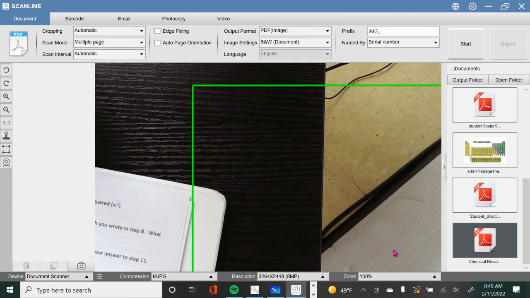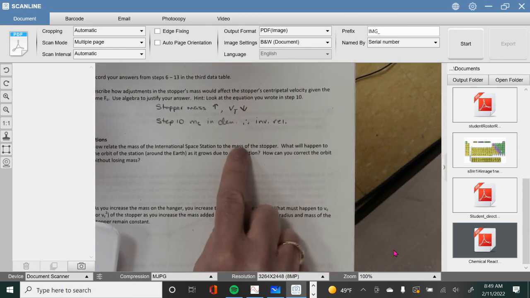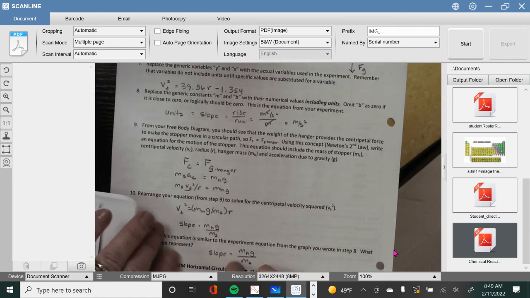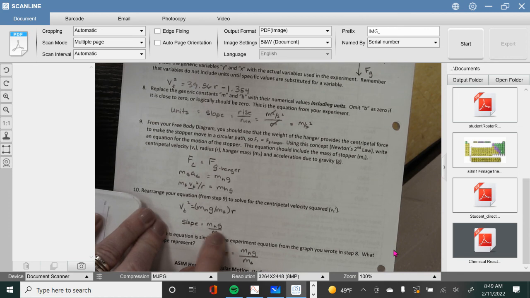All right, so what was your answer for number 15? What happens if you increase the stopper mass? It decreases the tangential velocity. Yeah. So if you look at step 10, the mass of the stopper is in the denominator. And since the mass of the stopper is in the denominator, if we increase that mass, that means the whole thing is going to decrease.